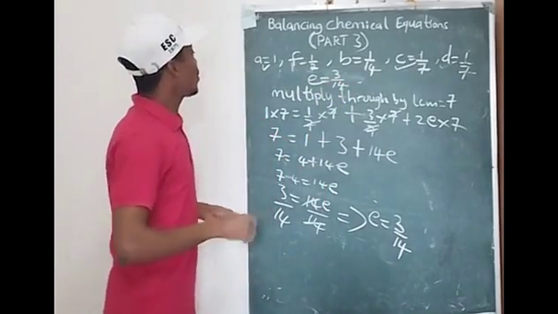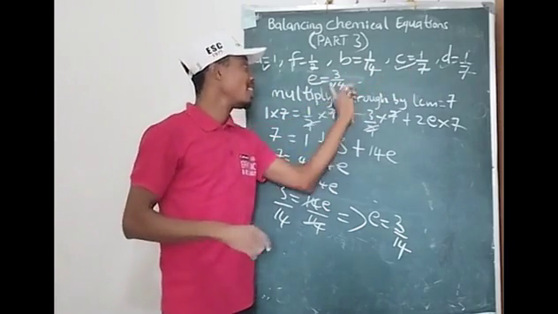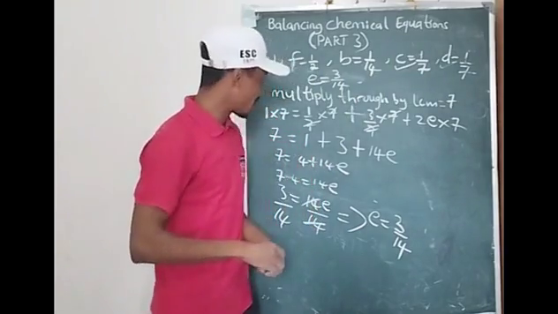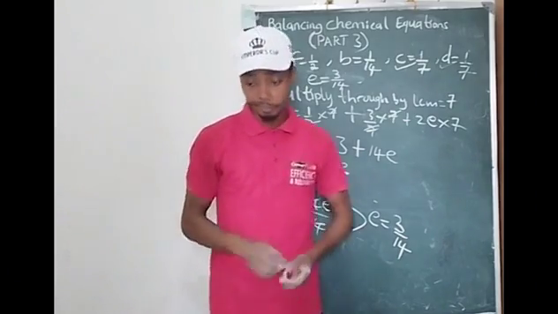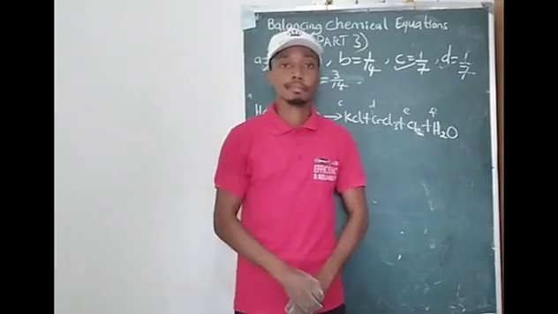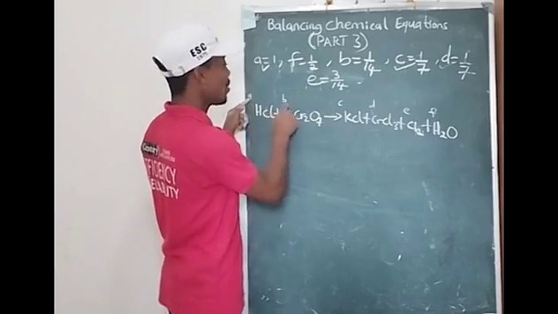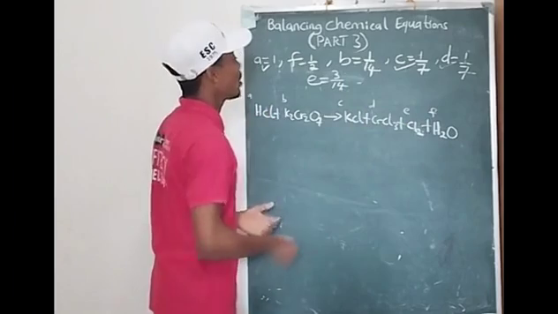All right. So now we found A, B, C, D, E, and F. Let's go back to our chemical equations. We have found the values of A, B, C, D, E, and F, so let's impute them.